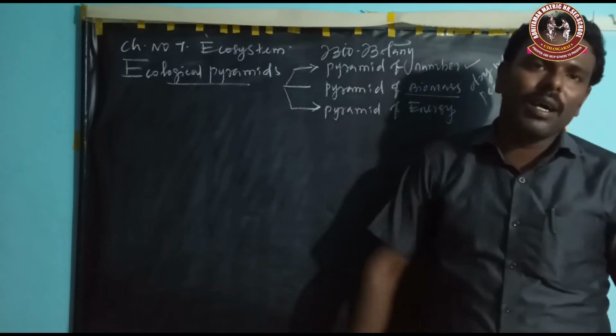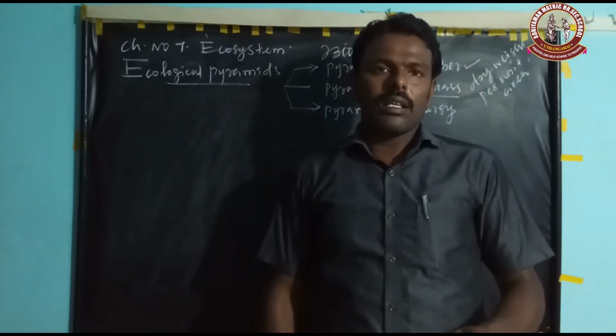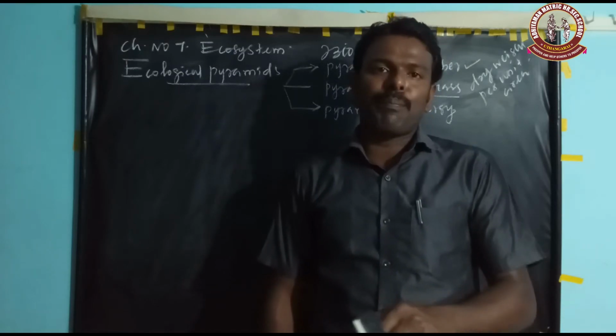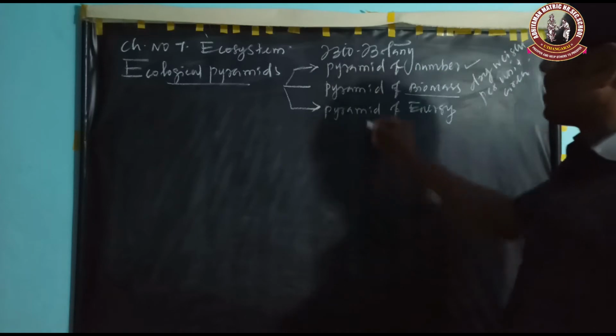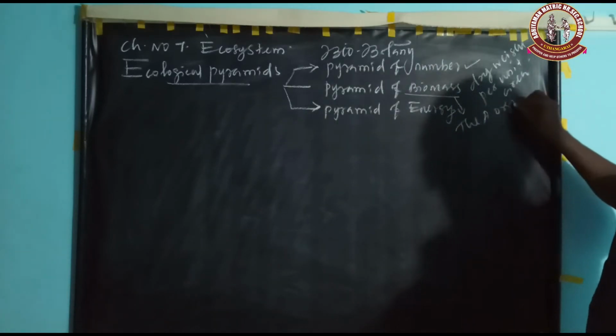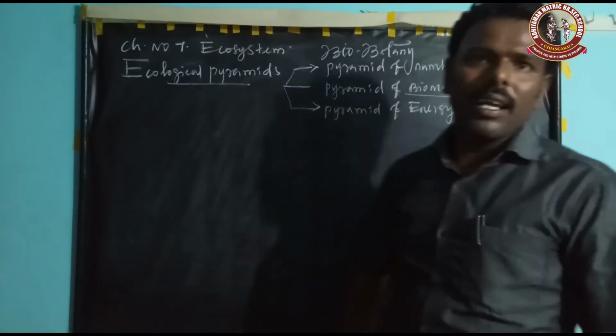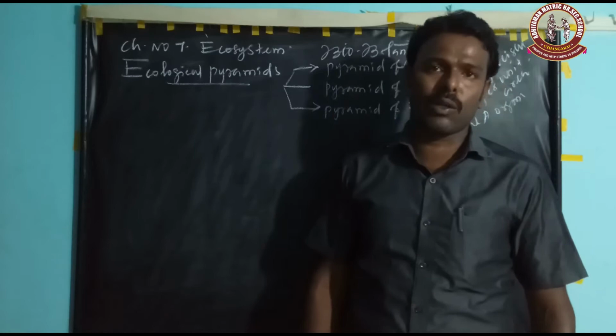The pyramid of biomass is nothing but a graphical representation of the amount of organic material present at each successive trophic level of the ecosystem.